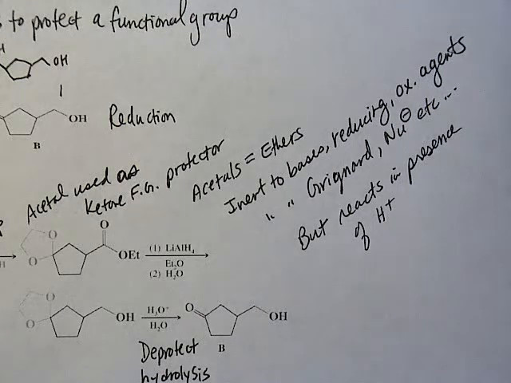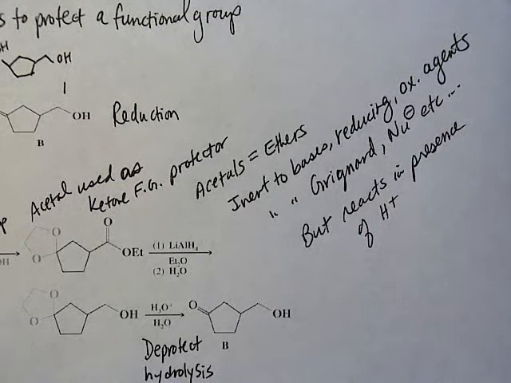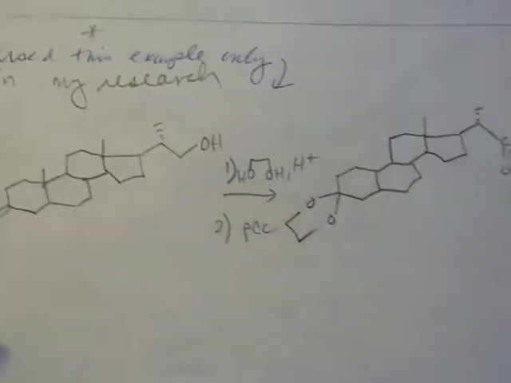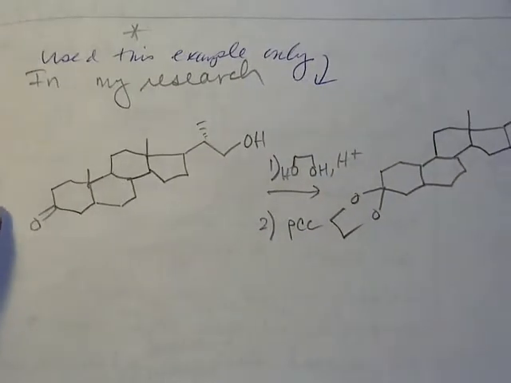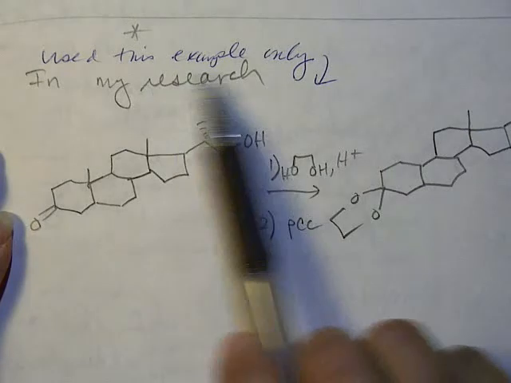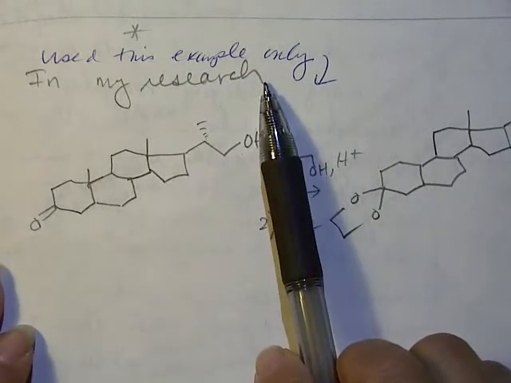All right, so a lot of the chemistry that we need to do involves this protection, deprotection type of chemistry, and I'm going to give you, because I've got 1 minute left, one little example. You don't have to write this down. I just want to show you something that I used in research a while ago.